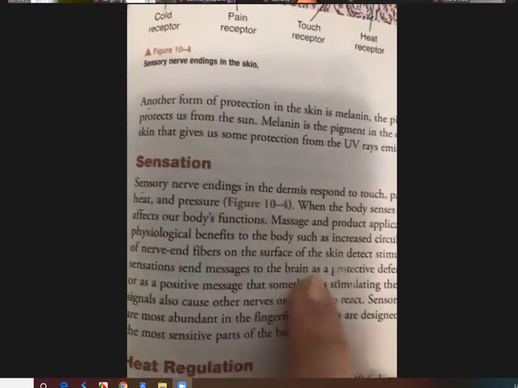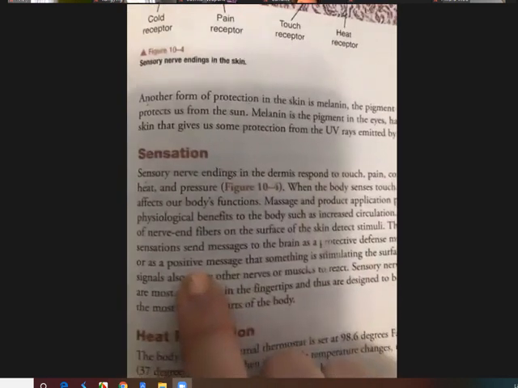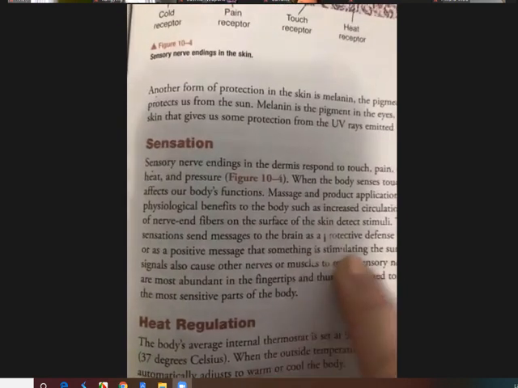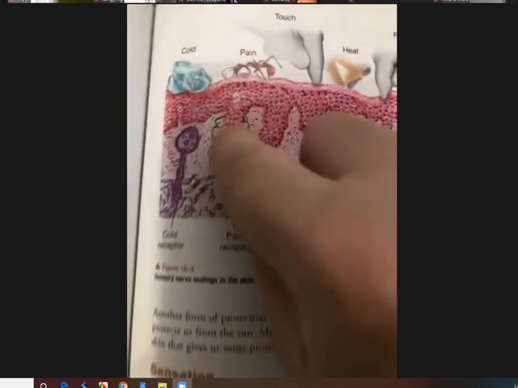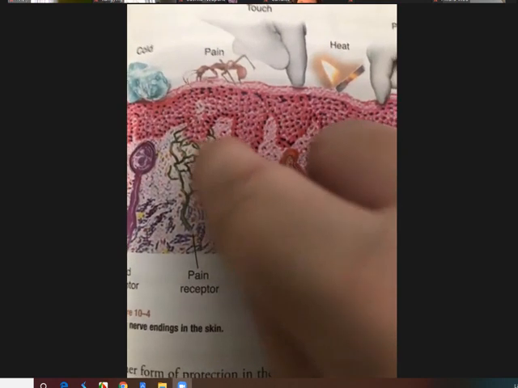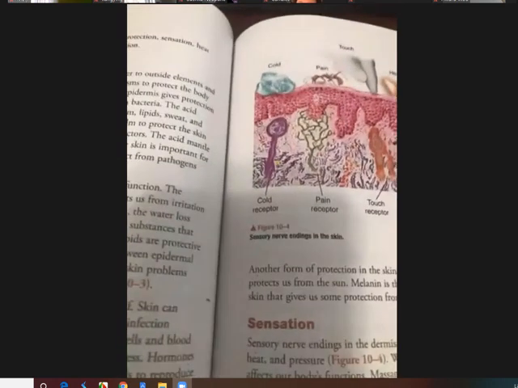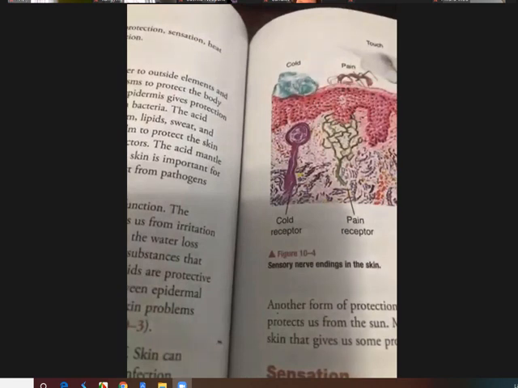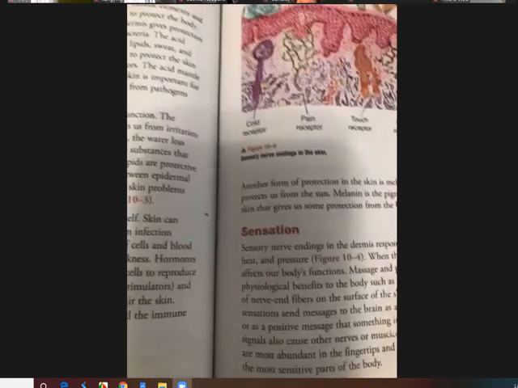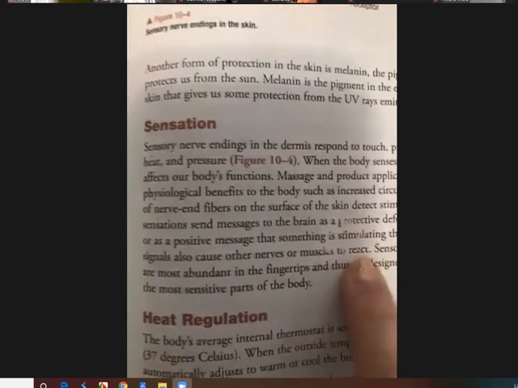So this sensation sends a message to your brain as a protective defense mechanism, or as a positive message that something is stimulating the surface. The nerve can feel it, so it sends a message up to your brain and tells you it's painful or it's cold. These signals also cause other nerves and muscles to react.